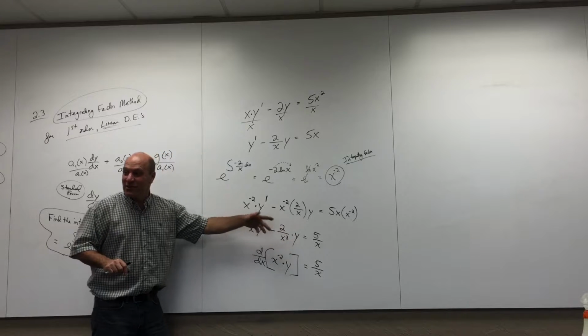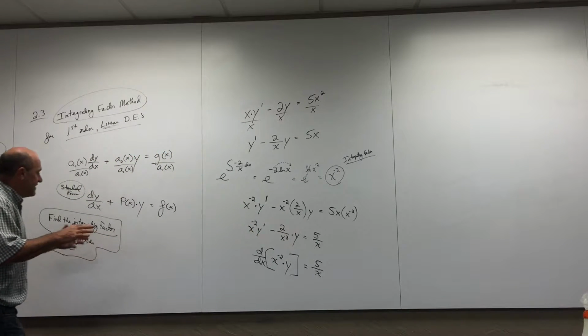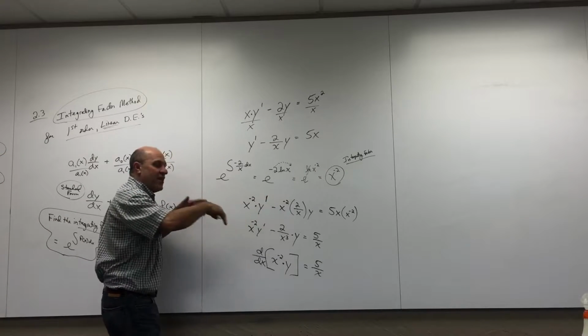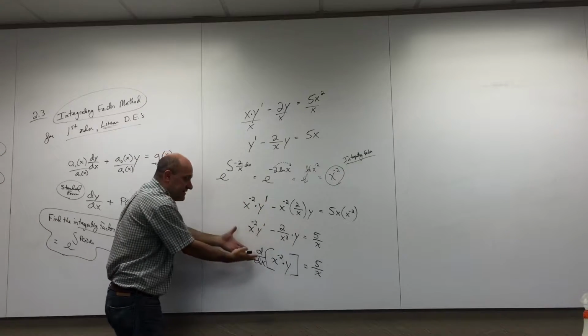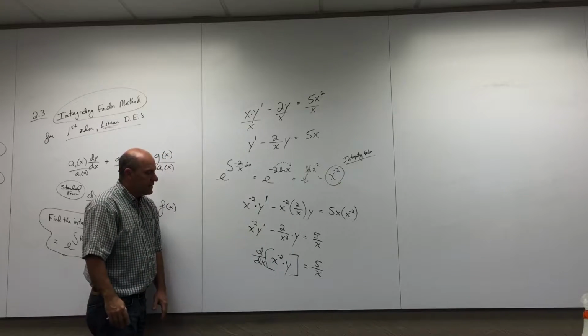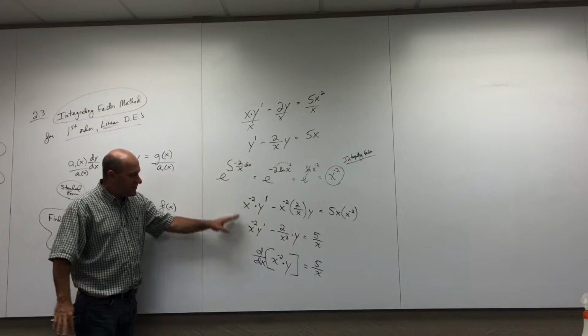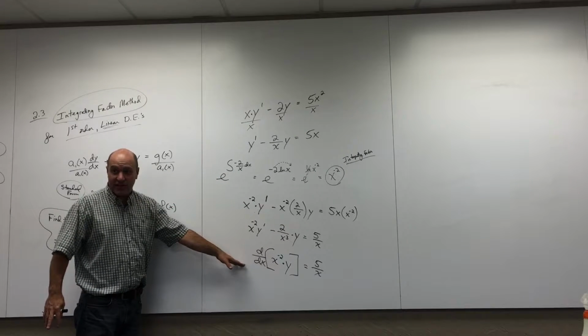And it's cool. It always happens like that. When you find the integrating factor and you multiply through by that, you're forcing the left-hand side into this every time. You can almost get kind of robotic about it, but be careful. You should maybe do the steps. But it's turning into this every time.